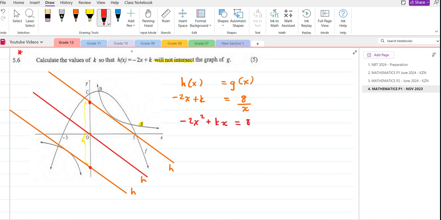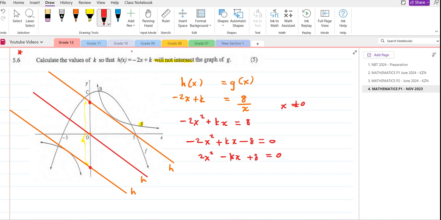Remember, x is not equal to 0. Taking the 8 over, we get minus 2x squared plus kx minus 8 is equal to 0. Write it in standard form: 2x squared minus kx plus 8 is equal to 0.